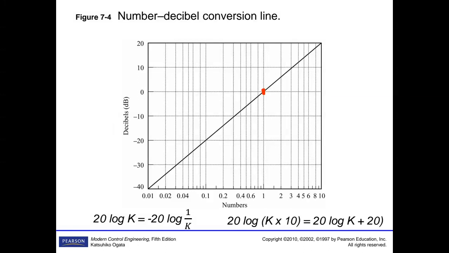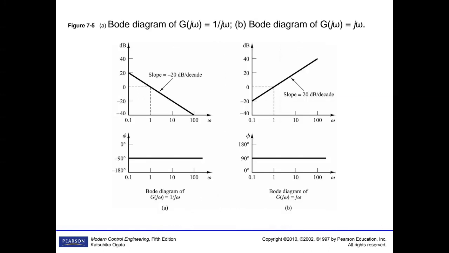If you have a curve like this, 1 over j omega, this one is 1 over s. Değil mi? Bunun karşılığı aslında 1 over s. If you look at that one, G(s) is equal to 1 over s. That one, G(s) is equal to s.